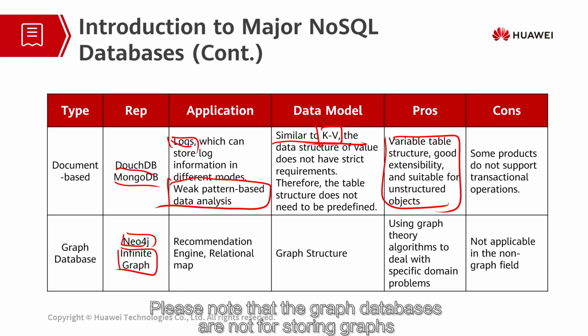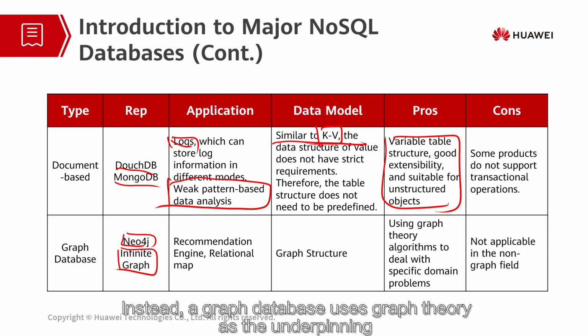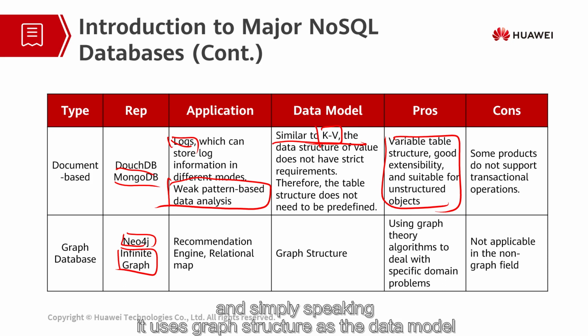Please note that graph databases are not for storing graphs. Instead, a graph database uses graph theory as the underpinning, and simply speaking, it uses graph structure as the data model.